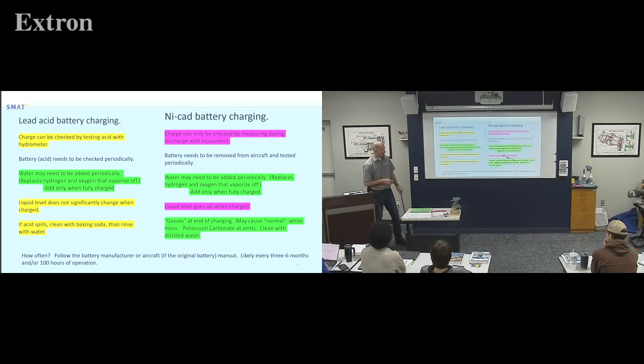So if the manufacturer says pull the battery out and test it on a bench, well, legally, you better pull that battery out and test it on the bench. Otherwise, technically, your aircraft is not being maintained, and it's illegal. Illegal things happen, but they shouldn't. Batteries are one of those areas where you go, oh man, and you're going to love regs class.